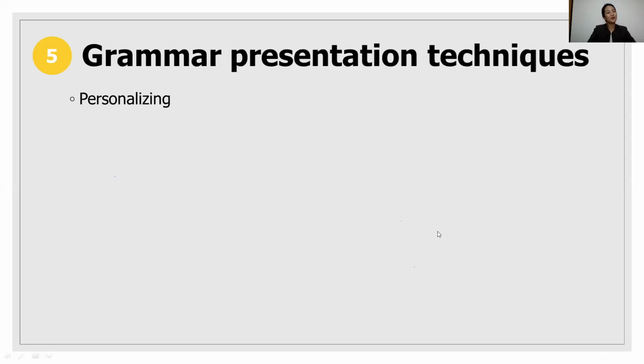All right, the fifth one, personalizing. What is personalizing? As a grammar presentation technique, there is a personalizing process. The personalizing process helps students have long-term memory.